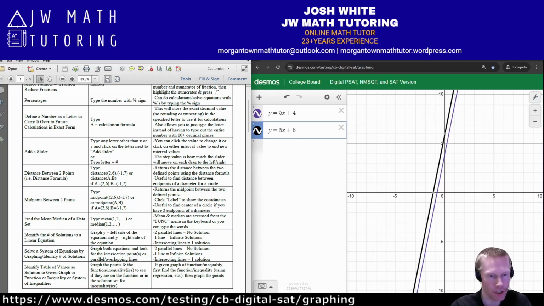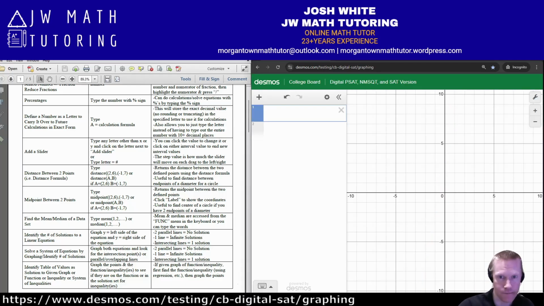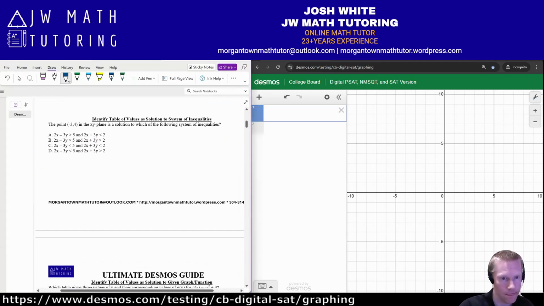Essentially what you're going to do is graph the points and/or the function or inequality or system of inequalities. You're going to see if they are solutions or if they are located on the graph, or if they're a solution to the inequality, meaning they're in the solution set, they're in the shading. Okay, so let's go back to the example problem.